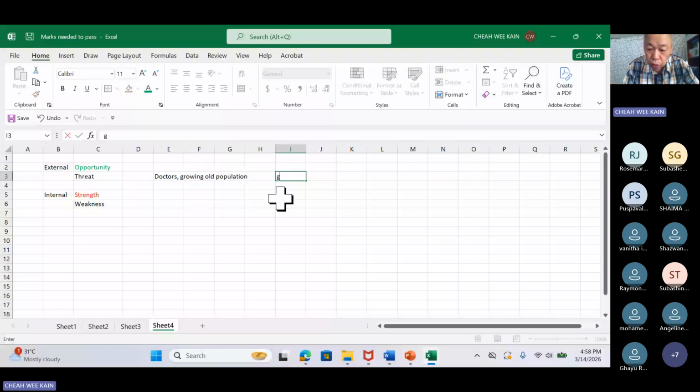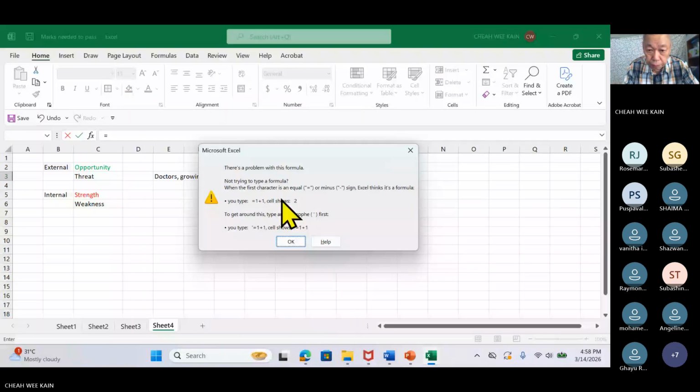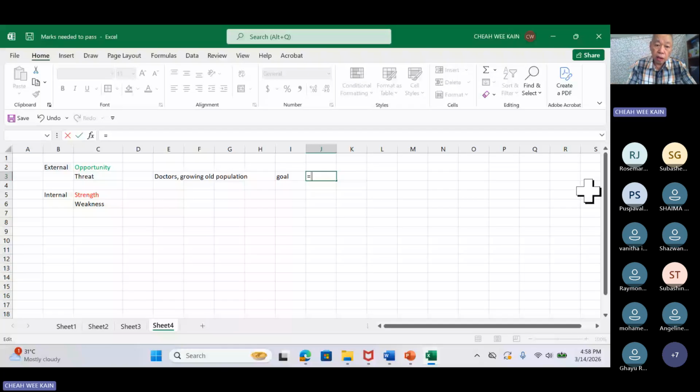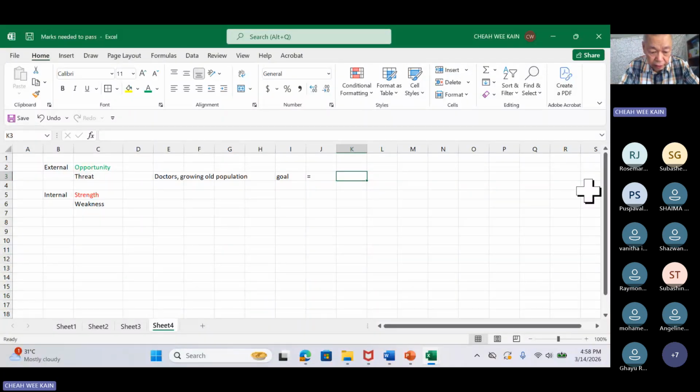So from this, you understand what is your goal. What should you do? So your goal should be, seeing you got doctors, you're seeing a growing old population, you better advertise in old people's magazines or something, okay?